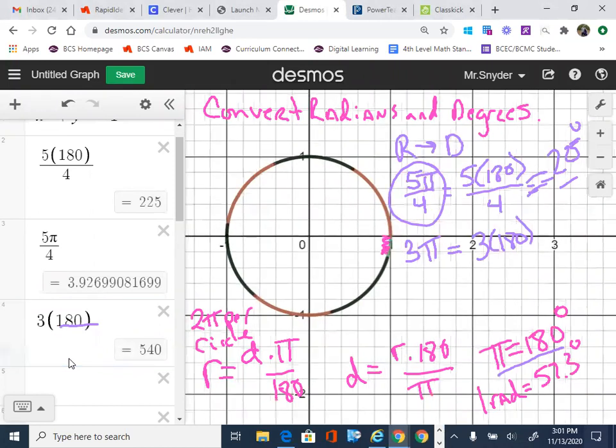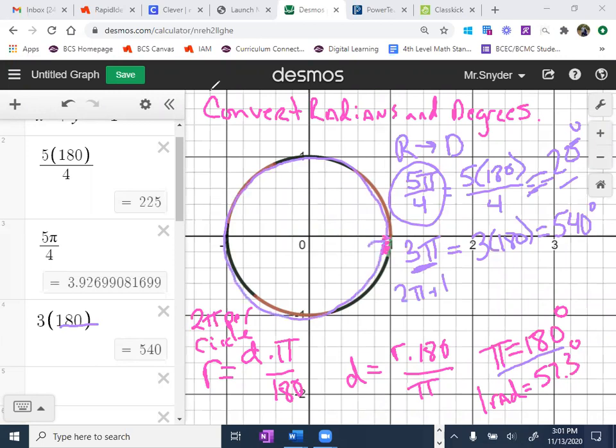Well, 540 doesn't necessarily line up because that goes beyond the 360 degree mark. Well, 3 pi is essentially 2 pi plus 1 pi. Notice what happens. We go around the circle 2 pi, and then we go 1 more pi. And that brings us to right there, 1 pi. And that is 540 degrees, 360 plus another 180. Not as clear with the unit circle to figure out directly.